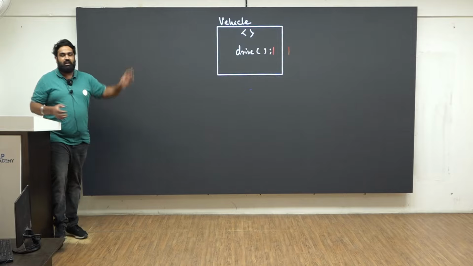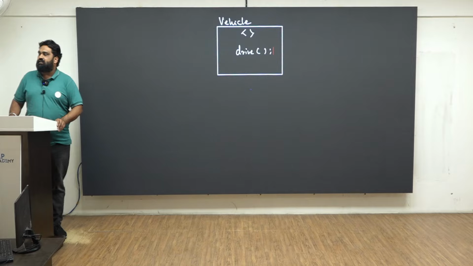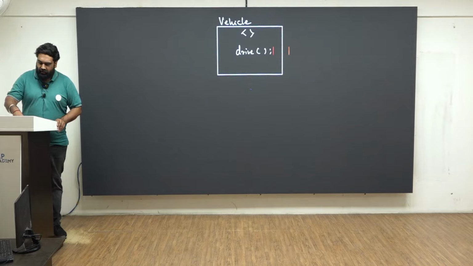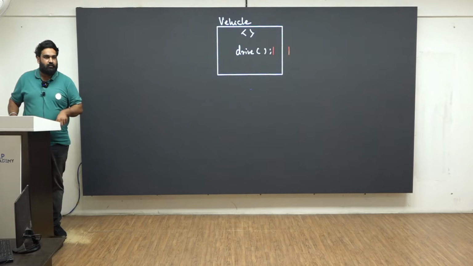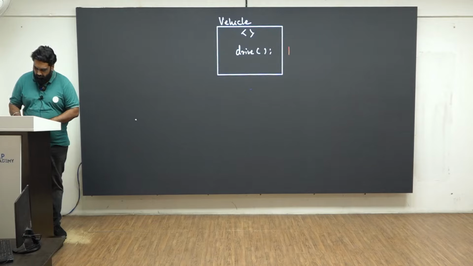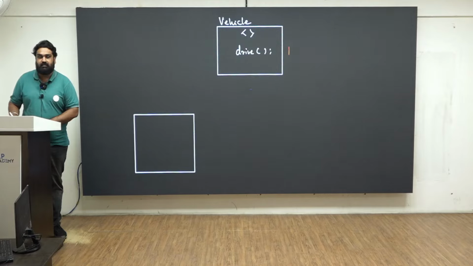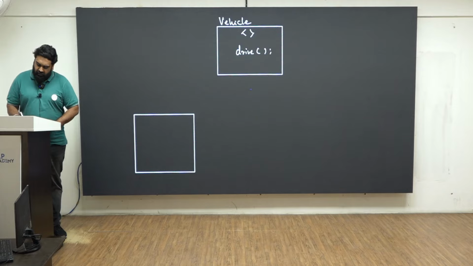There is a vehicle interface which has a public abstract method called the drive method. And now, I am going to say there are a few classes. The first class that I have is a class called bike.